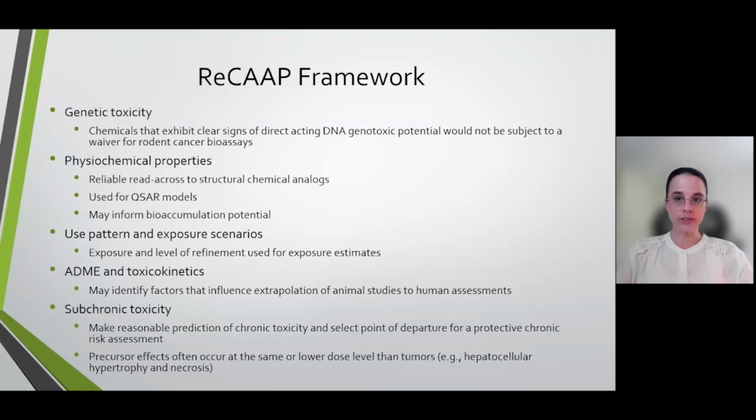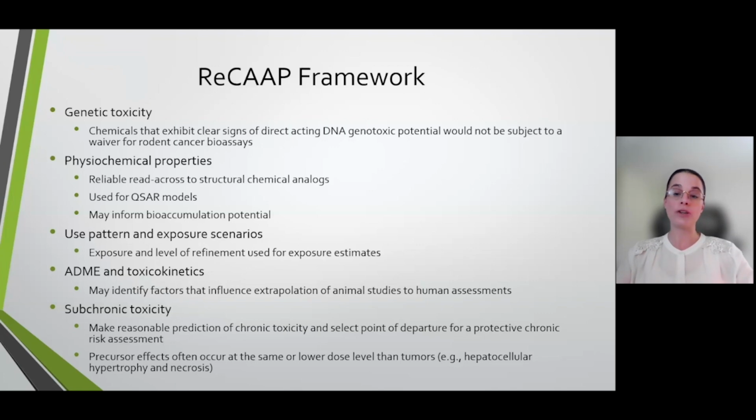And on the final two slides, I'm going to walk through the RECAP framework and some of the highlights of that framework. But before we dive into the framework, I want to loop this back to NAMs and the new approach methodologies. We already know that there are NAMs available or in development to inform several of the areas that we're going to discuss on the next two slides: genetic toxicity, PChem properties, mode of action studies, read across.